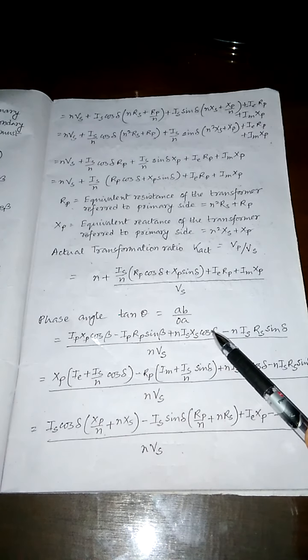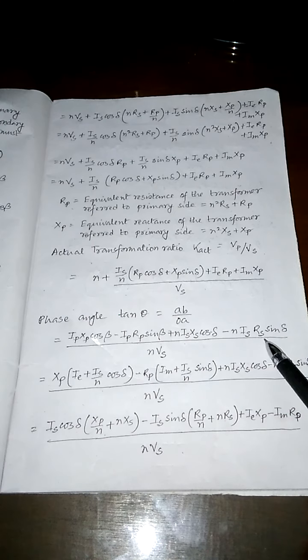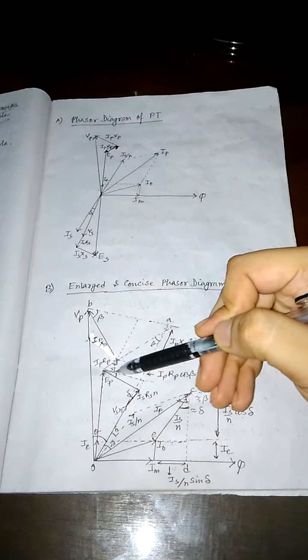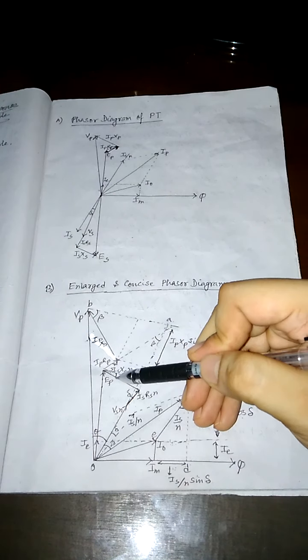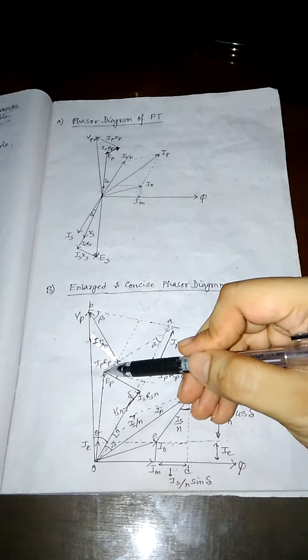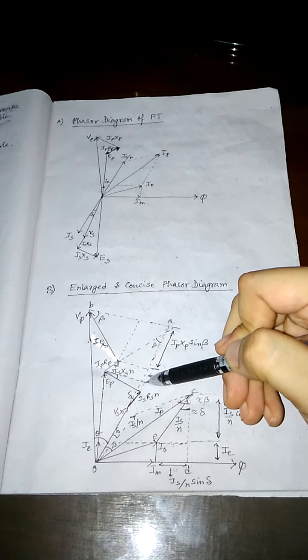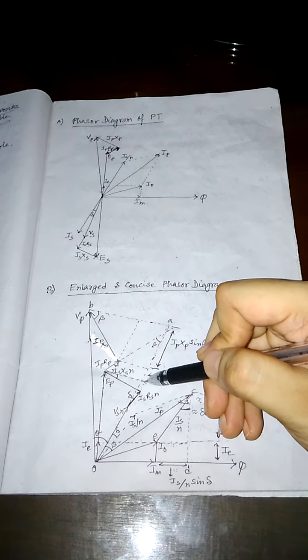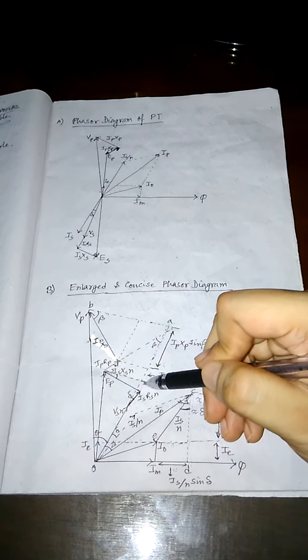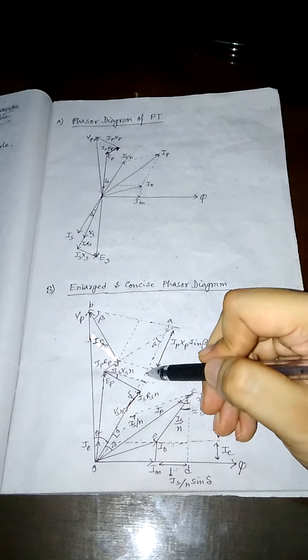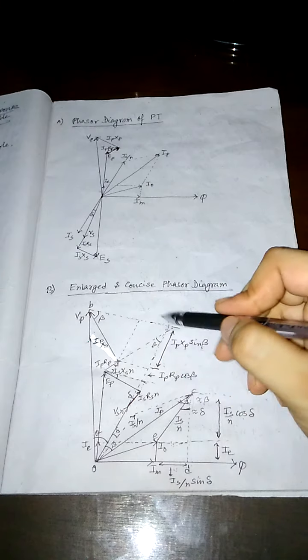N IS XS cos sigma minus N IS RS sin sigma. See, this is the N IS XS term and this is the angle sigma. So N IS XS cos sigma, see, this is extending up to here. Minus N IS RS sin sigma, that means we subtract this part to get the total AB.